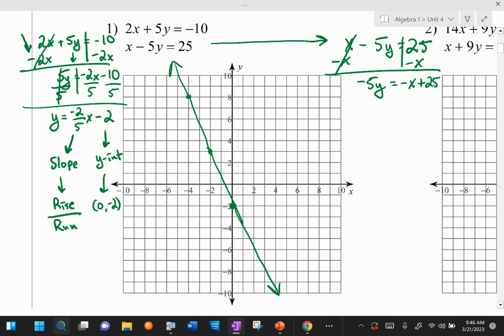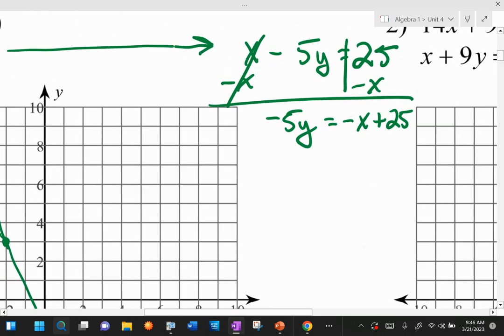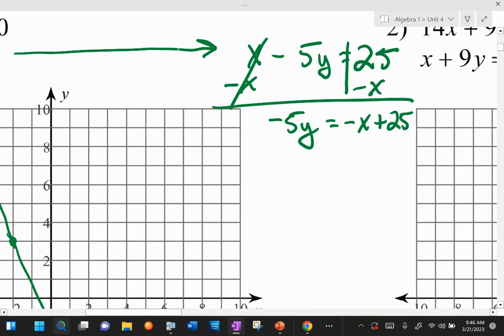Mia, what is being done to the y? What's that negative 5 doing? Do you see any operation signs? No? So if we don't see any operation signs, it's invisible math.